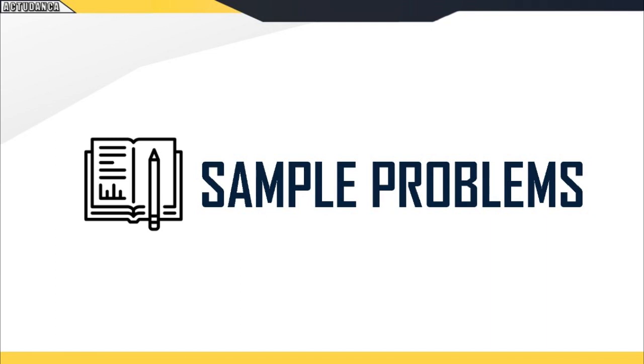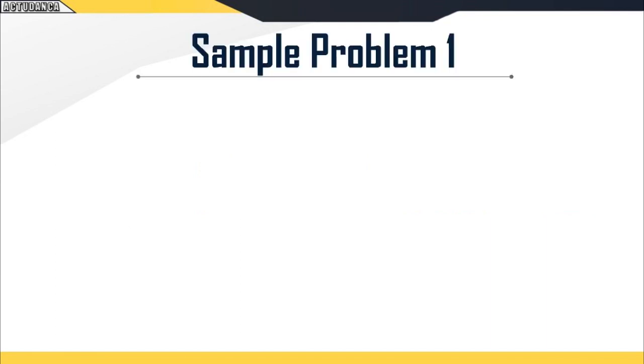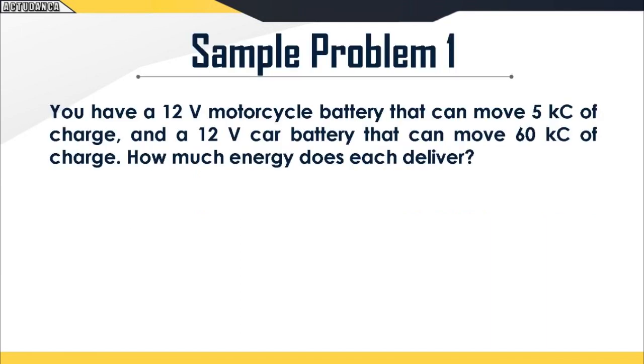So for our sample problems, sample problem number 1 states that you have a 12 volts motorcycle battery that can move a 5 kilocoulomb of charge and a 12 volts car battery that can move 60 kilocoulomb of charge. How much energy does each deliver? So listing the following given parameters, we have the Q_M or the charge of the motorcycle.